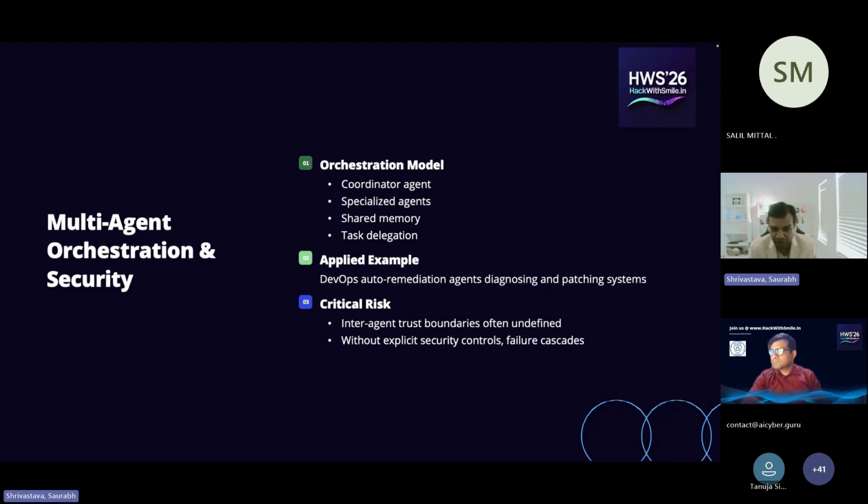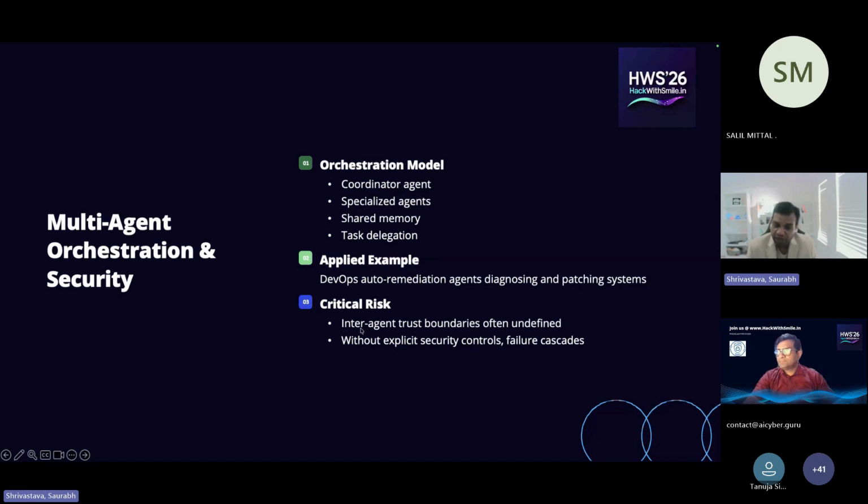It will share memory between them, because all those agents are working on a single task, so they should have the context. And then it defines the task delegation, which agent is going to do what, and also the task consolidation.